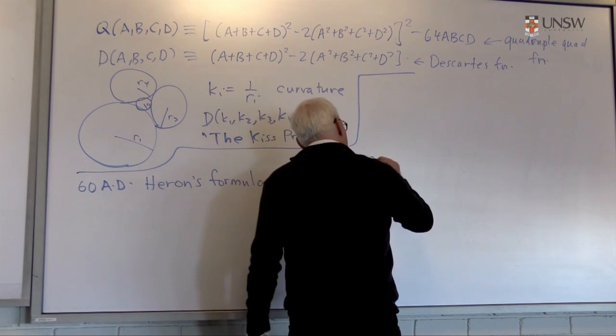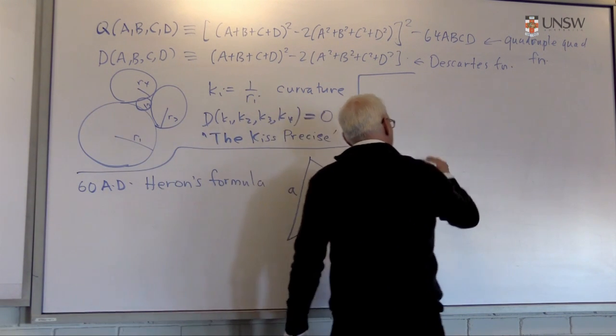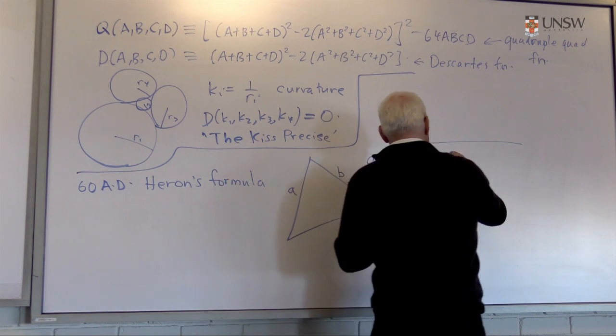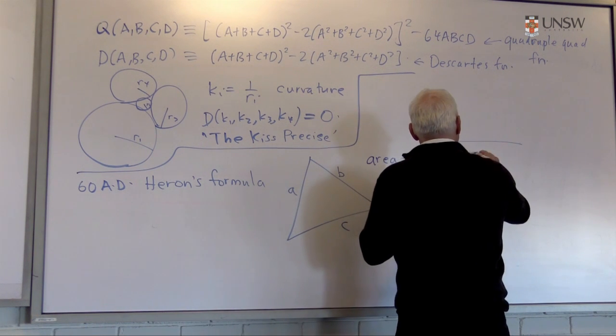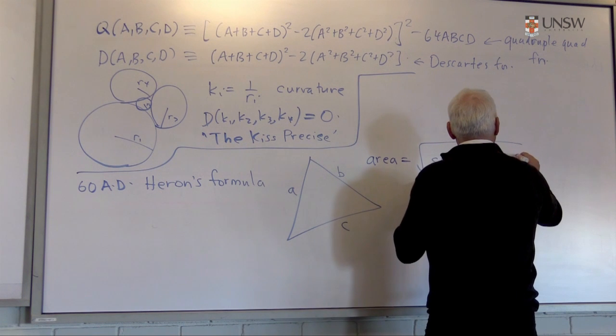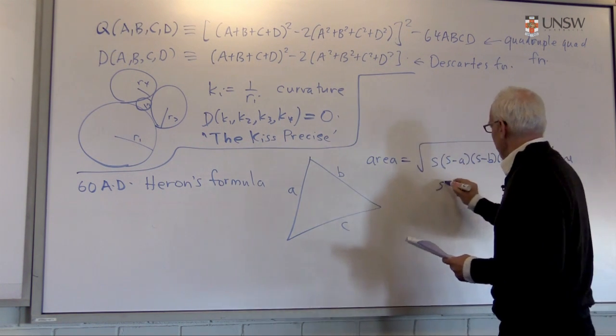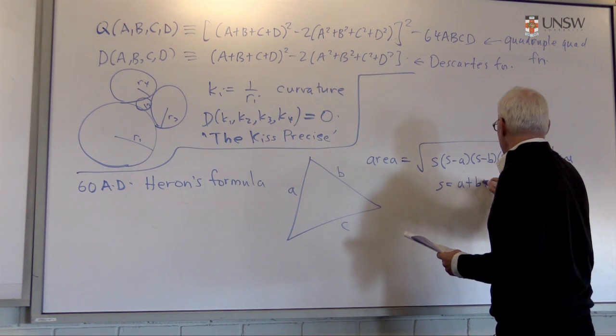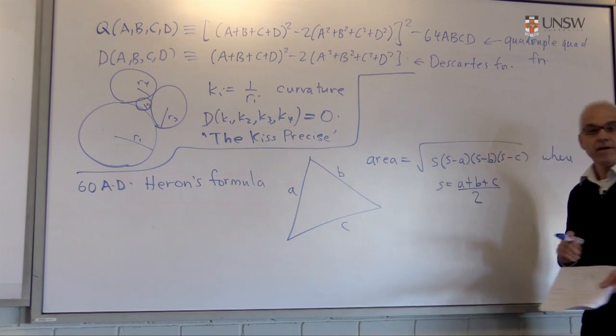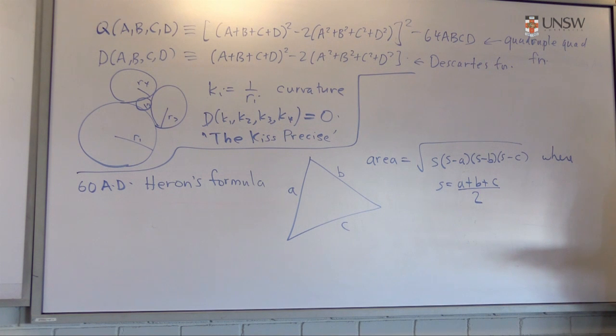He discovered that the area was the square root of S times (S minus A) times (S minus B) times (S minus C), where S is the semi-perimeter, half of A plus B plus C. Arab sources, in fact, suggest strongly that Archimedes knew this almost 200 years before Heron.